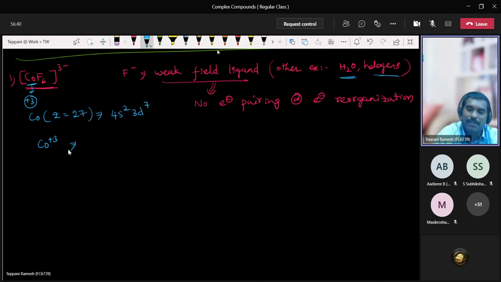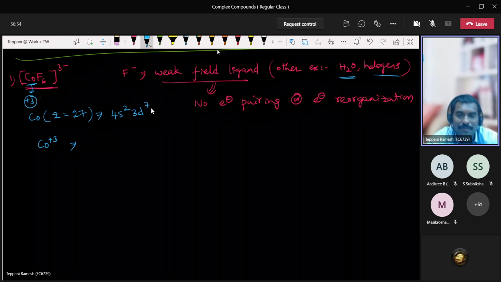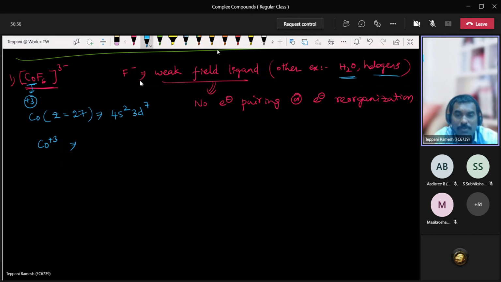It is practically impossible. Actually, electrons enter 4s first, and the next electron enters 3d. The last electron, the 7th electron in 3d, entered last. But you can remove the electron always from the last shell. You can never remove the electron from the inner shell directly.